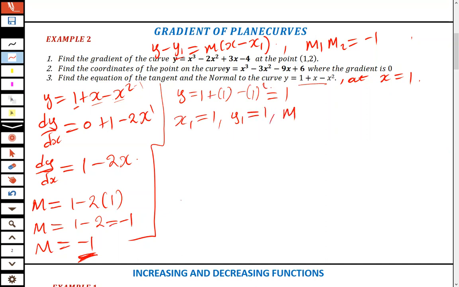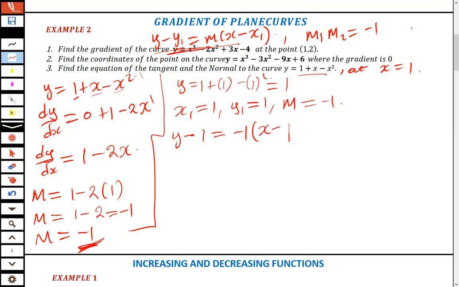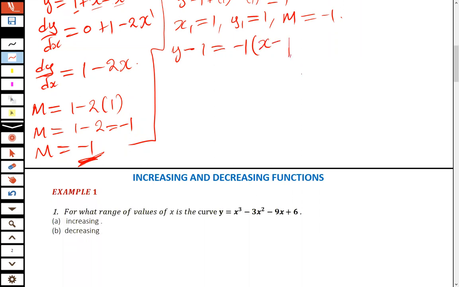Then our gradient, the one we have found, is just -1. So we use the formula for the equation of the tangent to find the equation of this tangent. We say y minus y1, which is 1, is equal to our gradient -1, then open brackets, x minus x1, which is also 1.